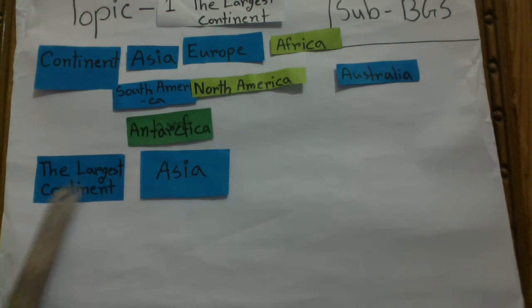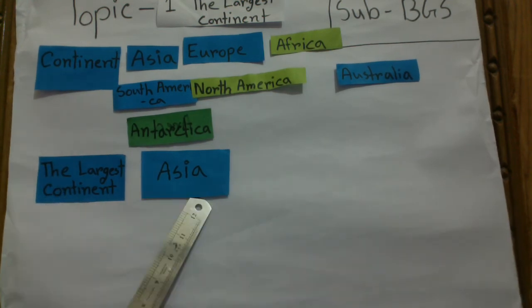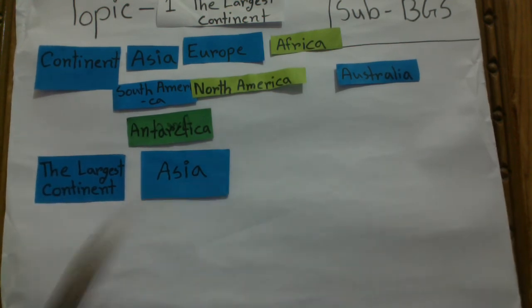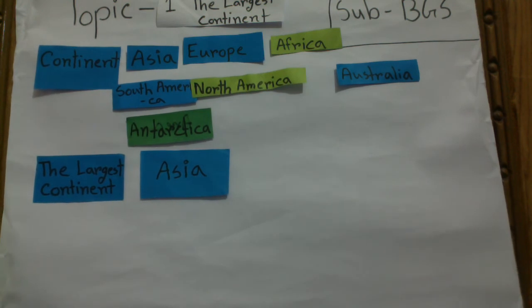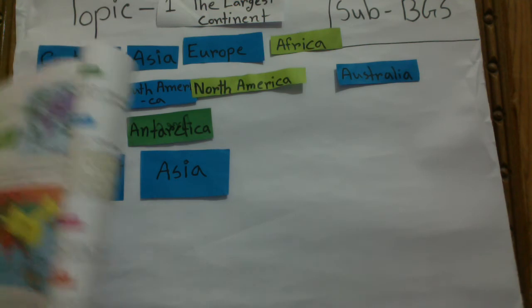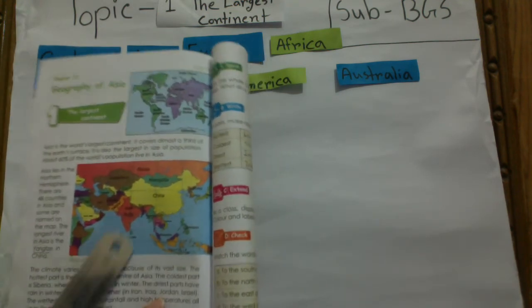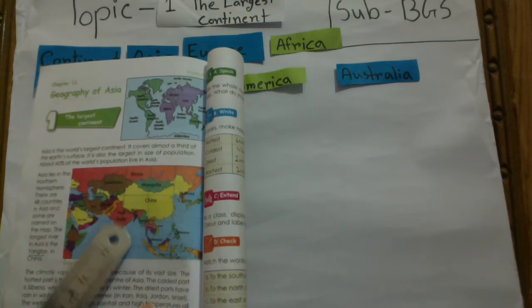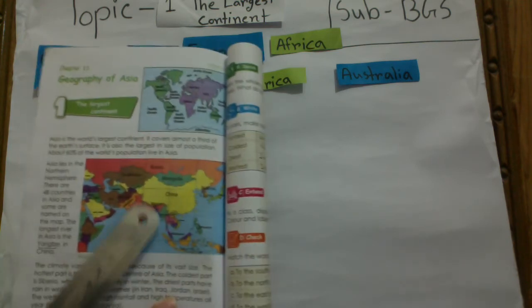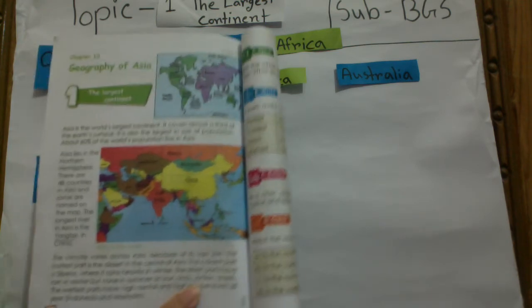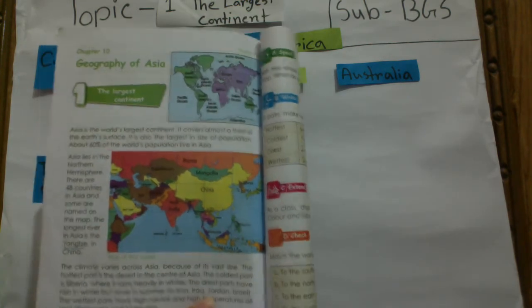What is the name of the largest continent of the world? Asia. Everybody look at the book and look at the picture. This is the world map and this is the Asia continent. This is the picture of the Asia continent. Look.